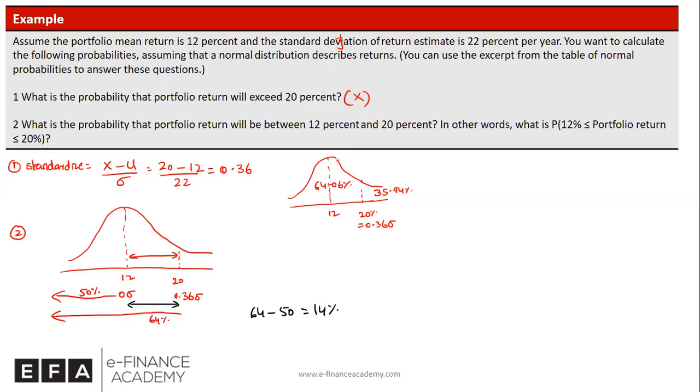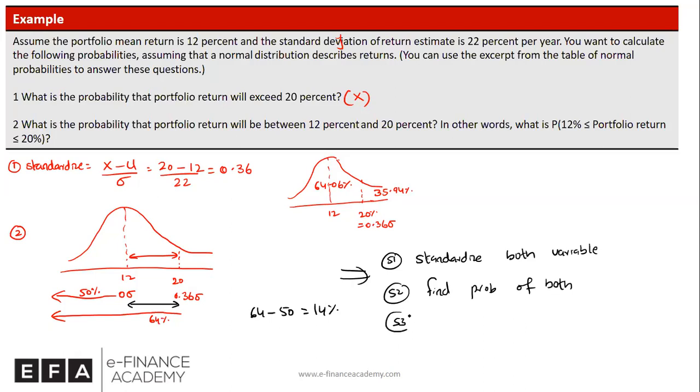So first, I'll show you the steps on this side. Step 1, standardize both variables. You need to standardize the variables 12 and 20. Step 2, find the probability of both using the table.